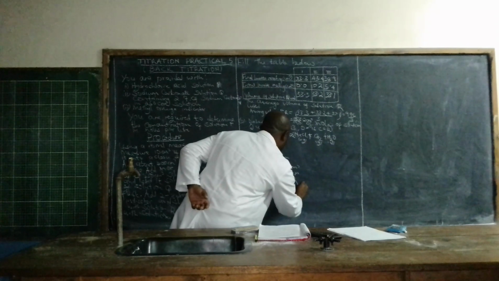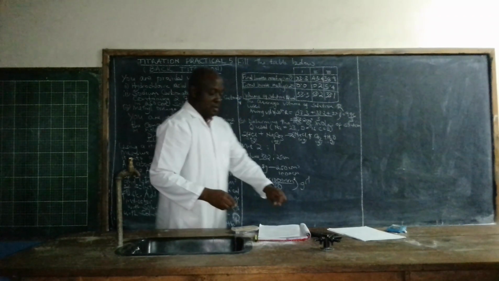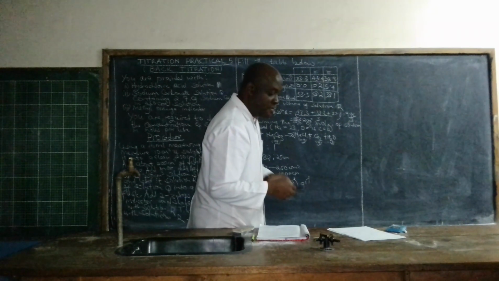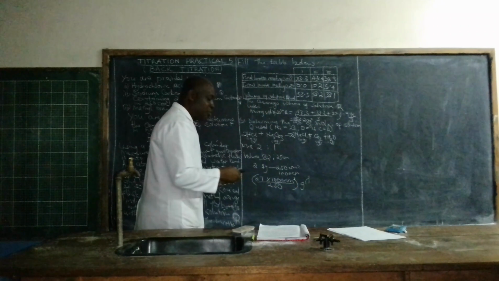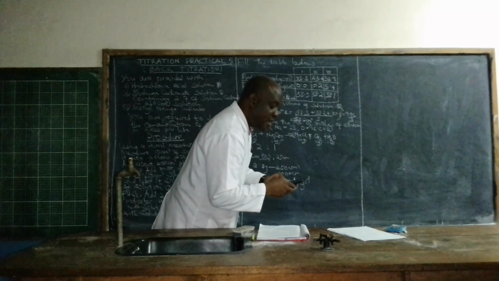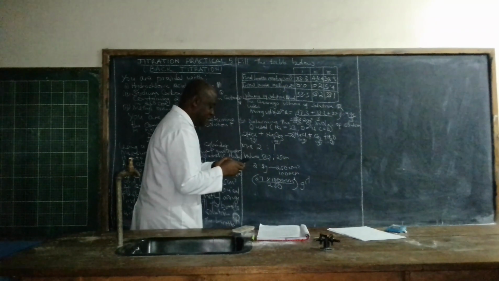All this is the number of grams per liter. If you do your mathematics properly, we are going to get 10.8.